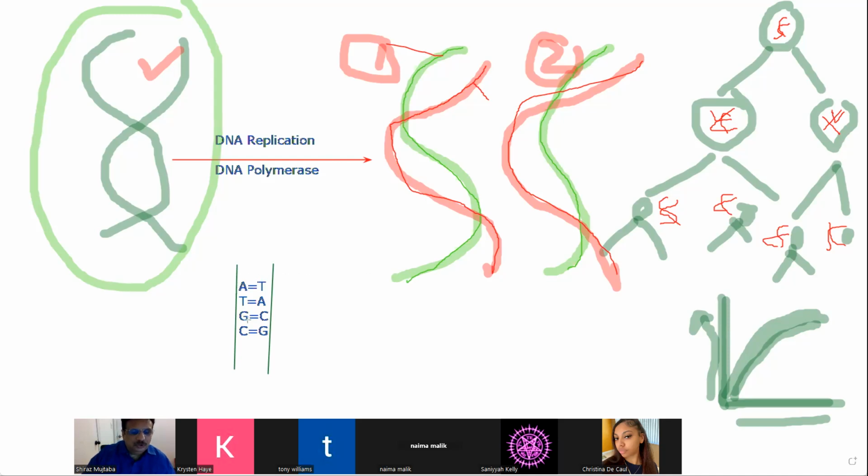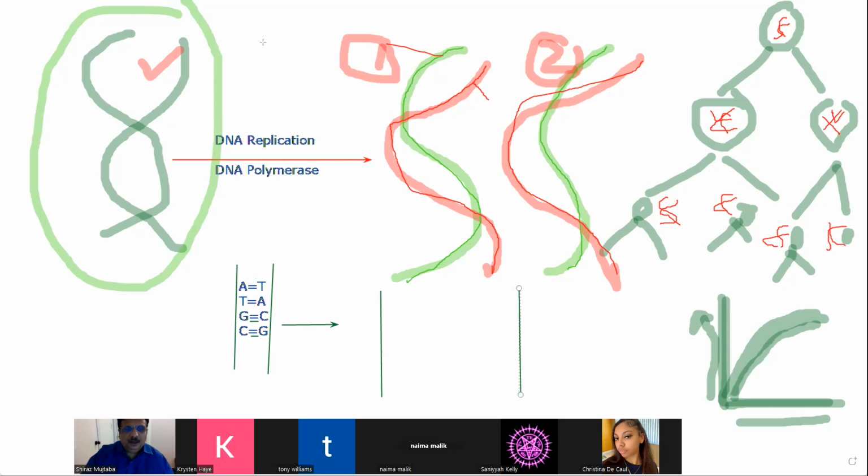This is G with C, triple bond, C with G, triple bond, A and T, T and A, double bond. So when the DNA replication has to occur, these two parent strands will separate out.